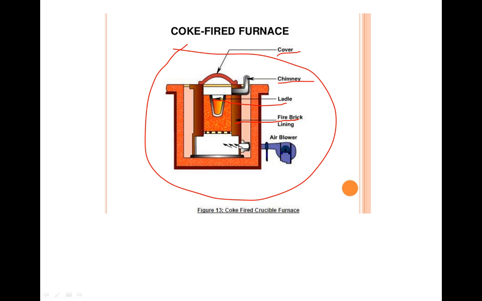These are the refractory lining, the brick lining is there, and an air blower blows air inside. This is the lining of coke, and this crucible contains the metal. These cokes are fired, and the metal is converted into molten form because of the heat of the coke.